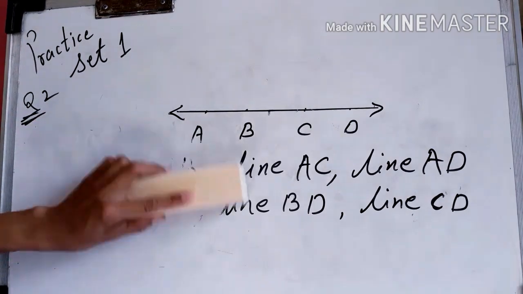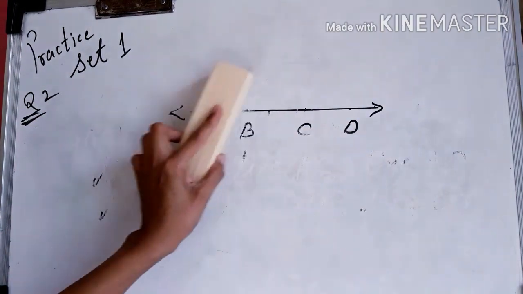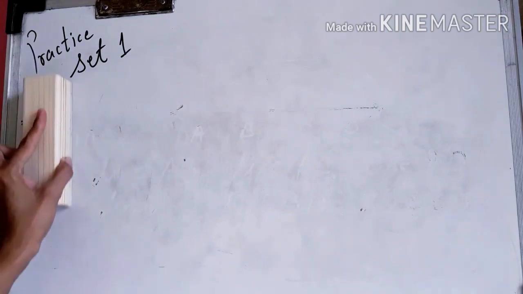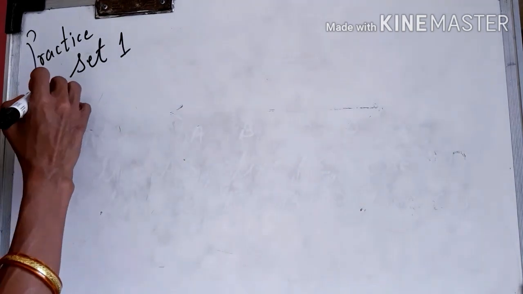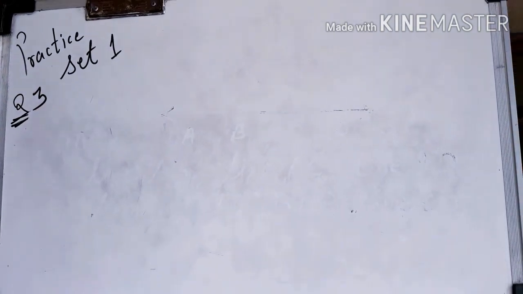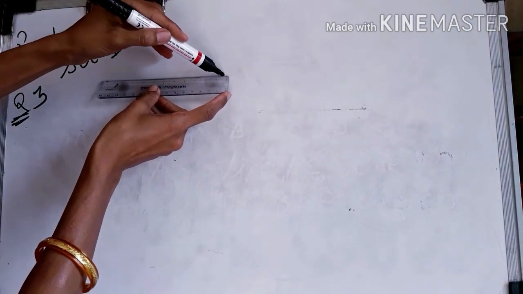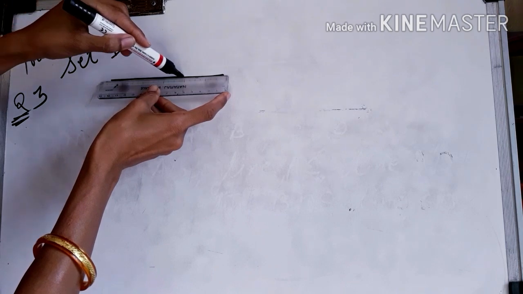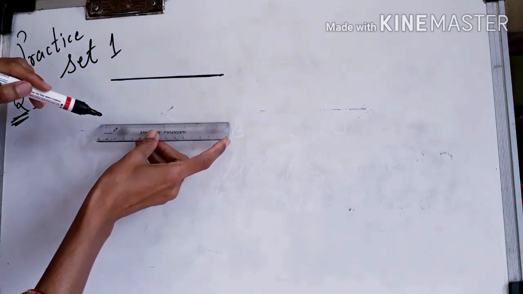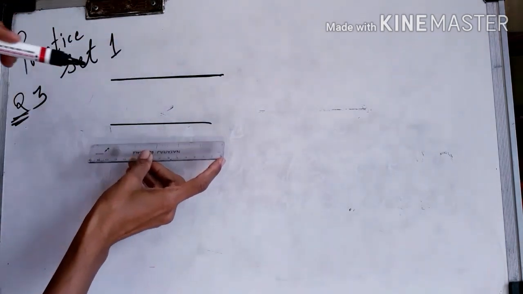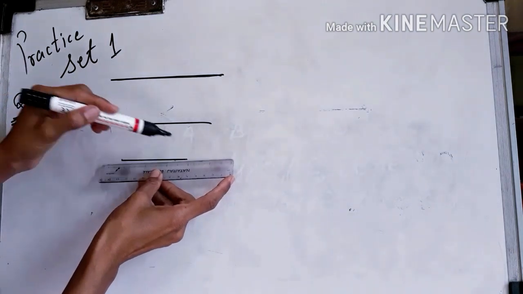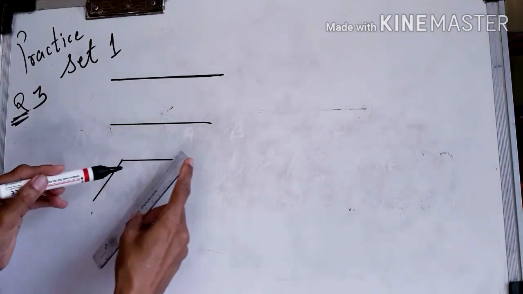Okay. Then our third question. Our third question is match the following. So we have learned about the different basic geometrical figures, and then we have to identify which figure is which.